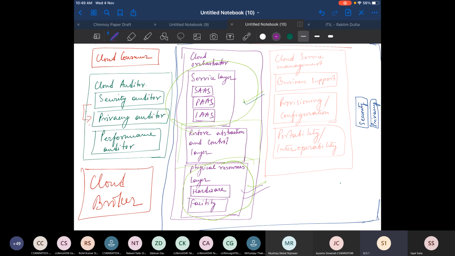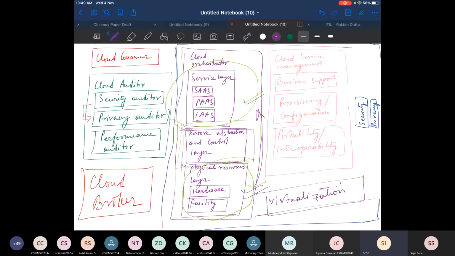Now they will give the facility through virtualization. They will create a separate virtual or abstraction layer and give the services through that. Now these are their physical resources, which they are providing through virtualization to the different types of services the customers are asking for. Now there should be one abstraction layer in between your cloud orchestration layer and physical resources layer.